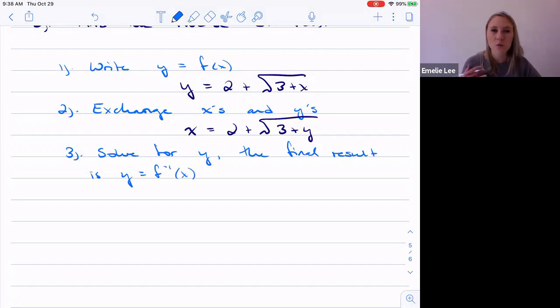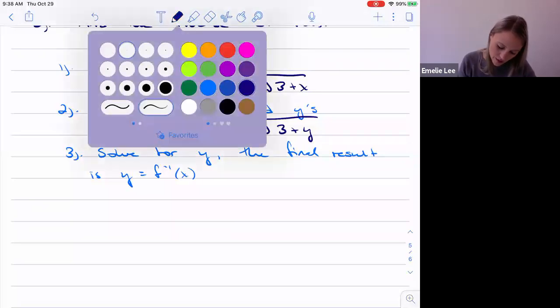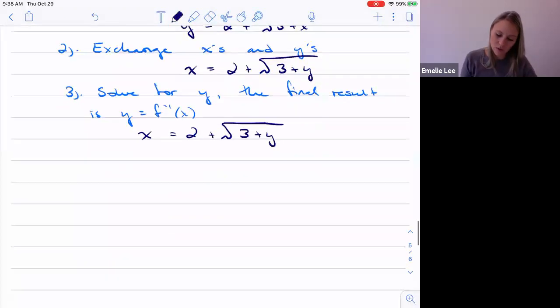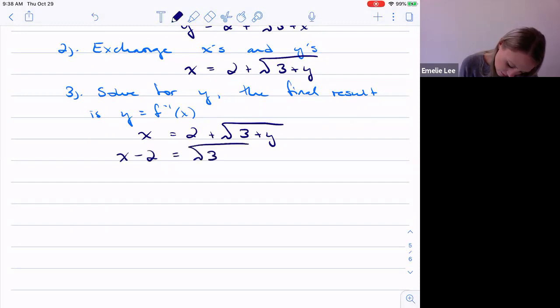So this y is going to be the inverse, unlike this y, which was the original function, because we've done the switcheroo. That can be kind of tricky to keep track of. So x is 2 plus the root of 3 plus y. If I'm trying to solve for y, I'm trying to get y on its own. So slowly but surely I have to move things over here. So x minus 2 is the root of 3 plus y.